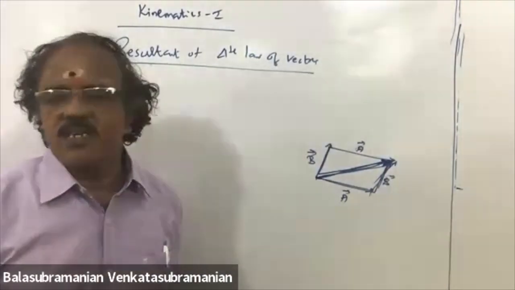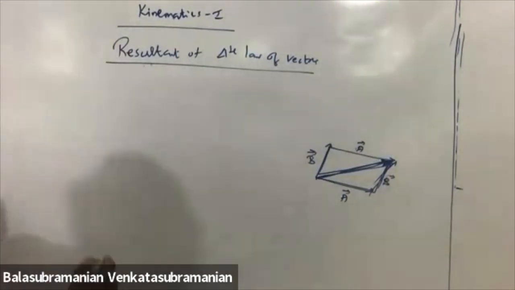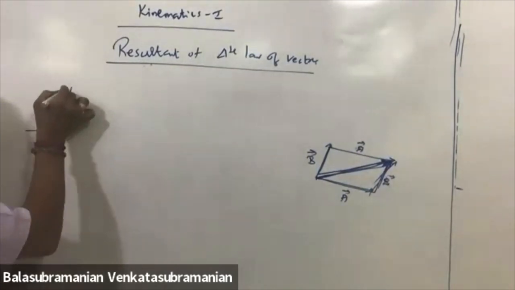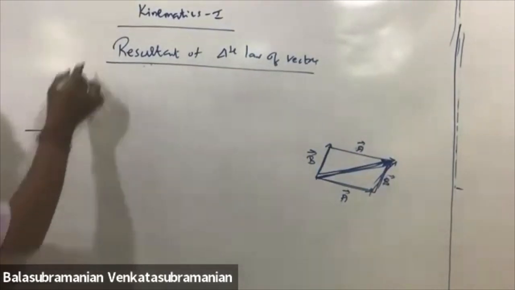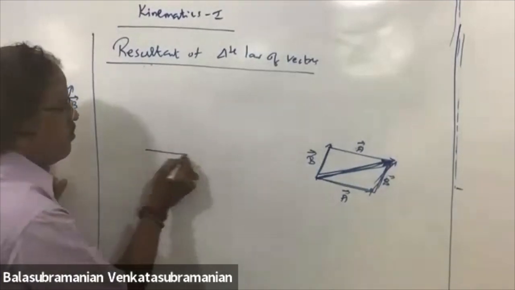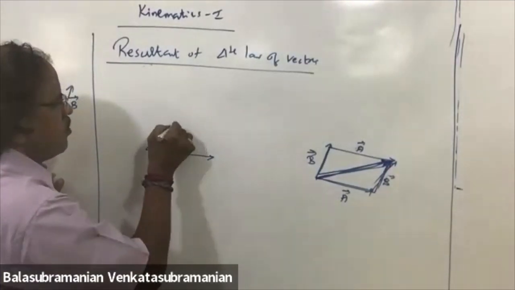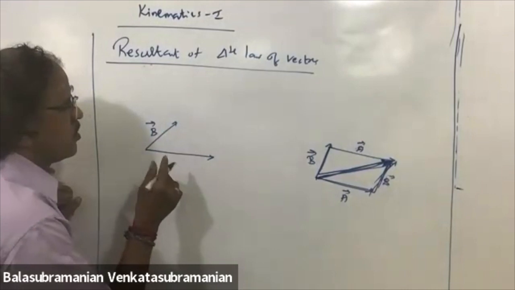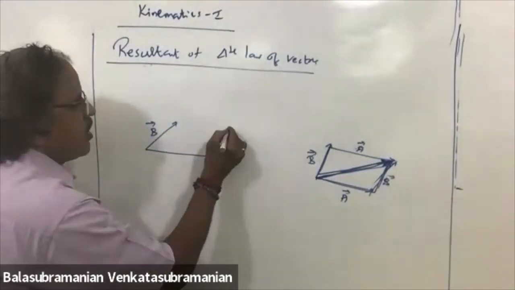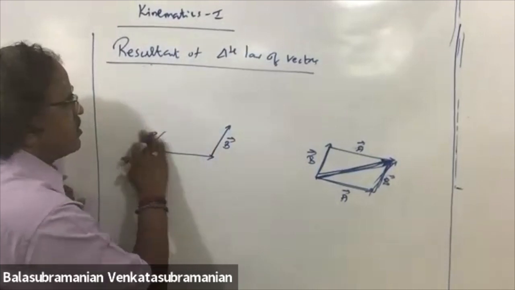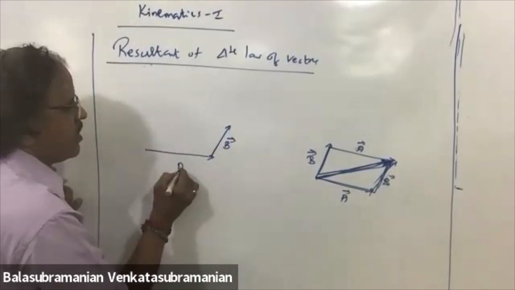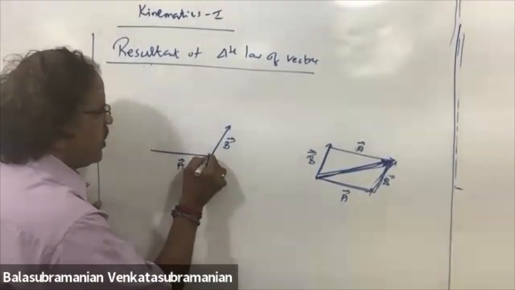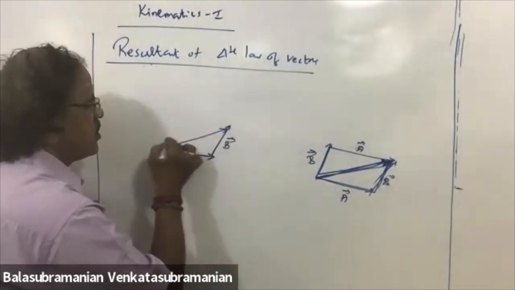How to calculate the resultant? As usual, consider two vectors A and B. Vector A, vector B. Or here also you can take vector B. The tail of the second vector and the head of the first vector are joined by a straight line. This is the resultant.